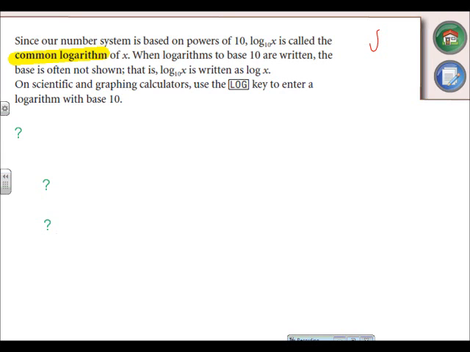It's like when we do a square root, we don't put the index of 2. We just say the square root. Same thing with a log. We don't have to put log base 10, we can just say the log of x. Your log button on your scientific calculator is sitting right beside the number 7 on the TI-83 or 84 series.